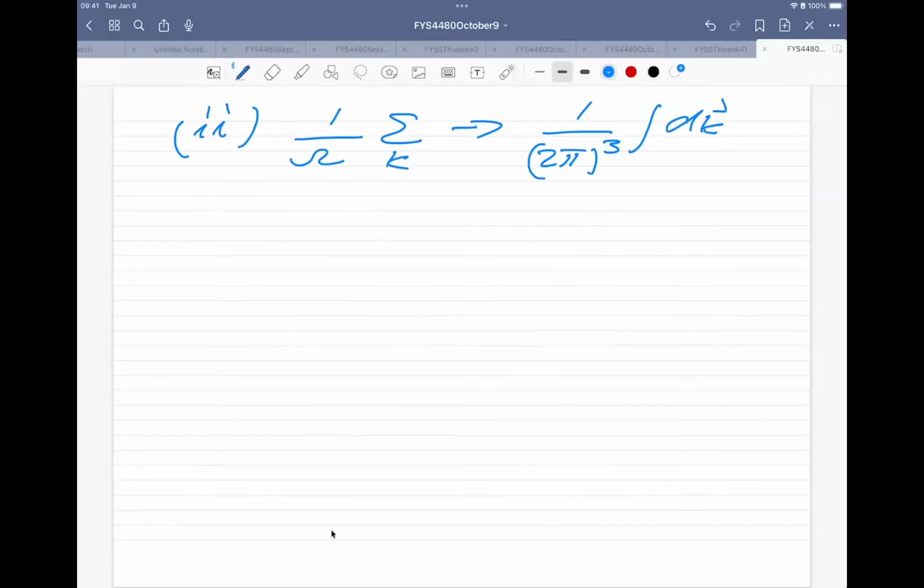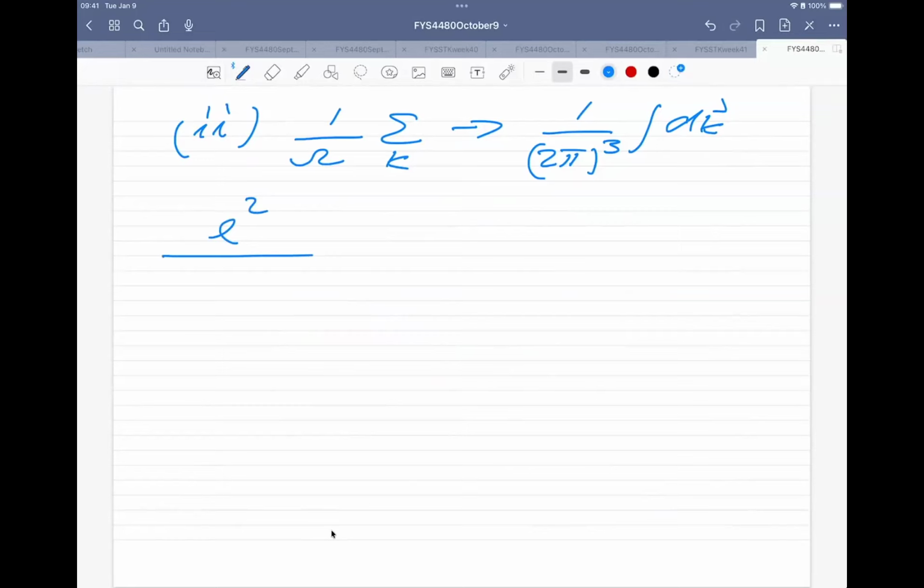This is a three-dimensional integral. Have you seen this change from a summation over a finite number of states to an infinite set of states? Some of you have seen it and some of you have not. This is a common approach, and if you're not familiar with it, I can give you the right references.